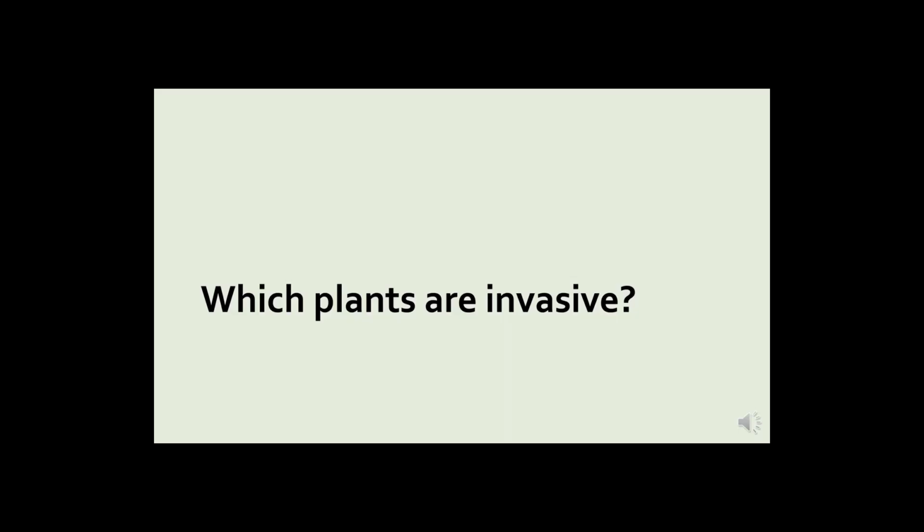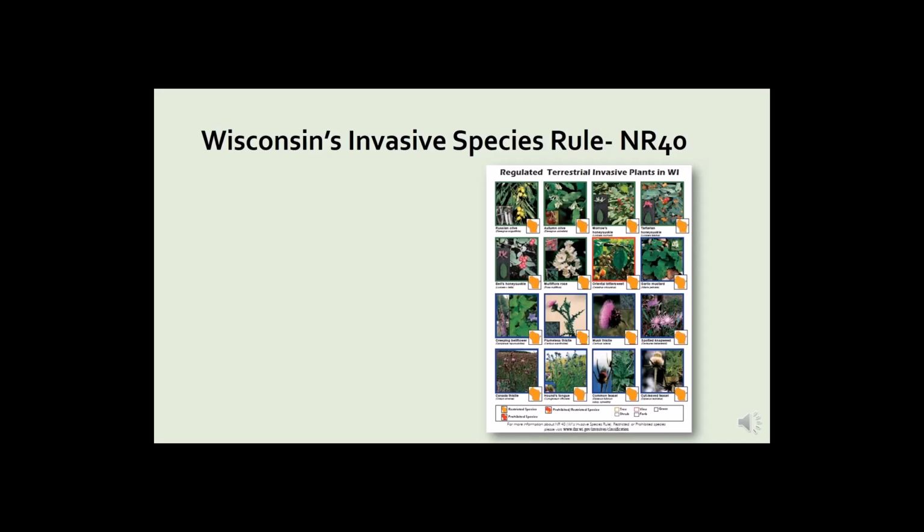So now you might be asking, well, how do I know which plants are invasive here in Wisconsin? Wisconsin has an invasive species rule in our state statutes, and it's called the NR 40 rule. This rule is primarily meant to be an educational rule to educate Wisconsin's citizens about invasive species.